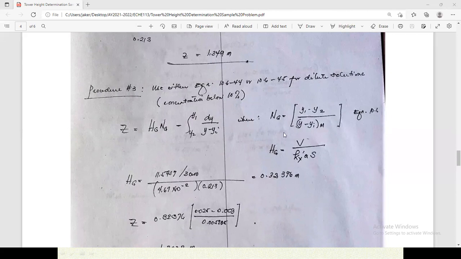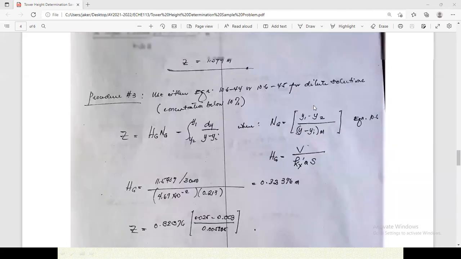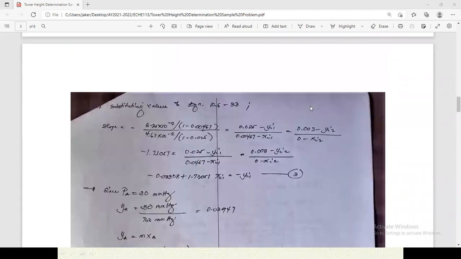We know already the V from procedure 1, so it would be the average. We have this and we have the S, so you can solve for the HG right away. And this is the value of the HG. As for the NG class, it's just this one and the y minus y sub i subscript close quantity subscript m in procedure 1. So we determined that already, so we'll just copy.